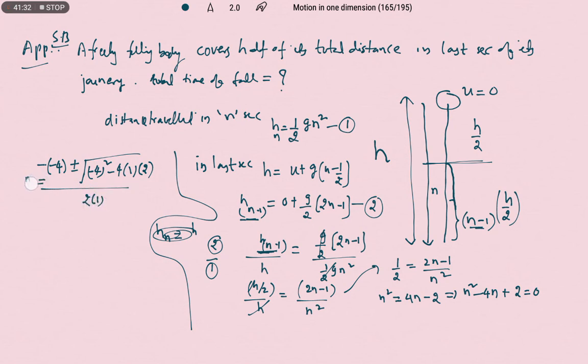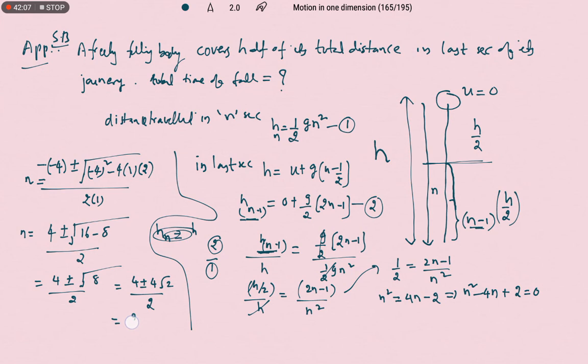We need to find out the total time of flight, that is total fall n, I am going to find. So 4 plus or minus, this value will be 16 minus 8, by 2. So 4 plus or minus under root of 8, by 2. So this we can write 4 plus or minus 4 under root 2 by 2.